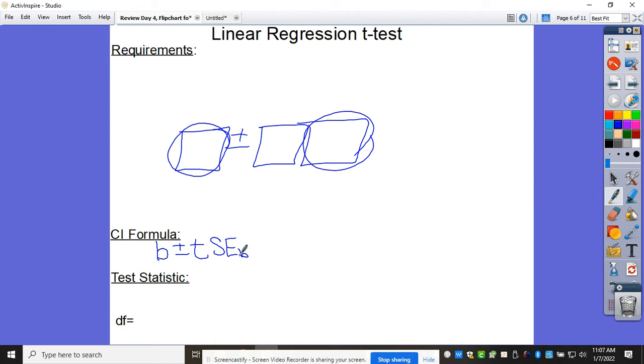This always starts the same, so it's, what am I going to let you put there? Divided by? So degrees of freedom, how many variables are we dealing with for linear regression? 2, so my degrees of freedom is n minus 2 because 2 variables.